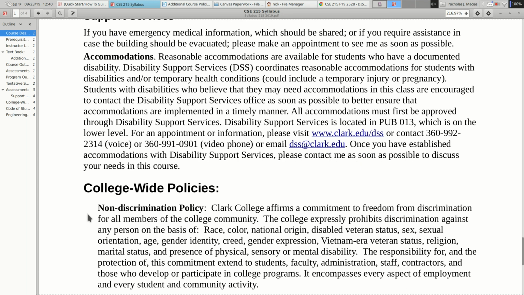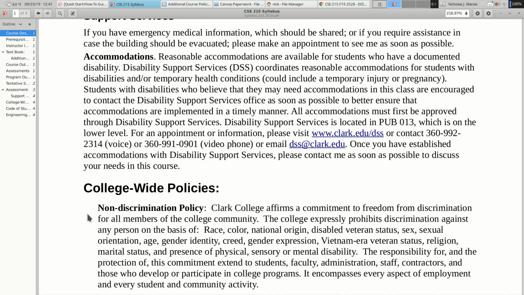All right, if you were in 224 this morning, you already heard me talk about this, but I'm going to talk about it anyway in here. There's a Disability Support Services office available here at Clark, which is there really to help ensure that every student is on an equitable footing as far as their ability to come to class and listen to lectures and take tests and so on.